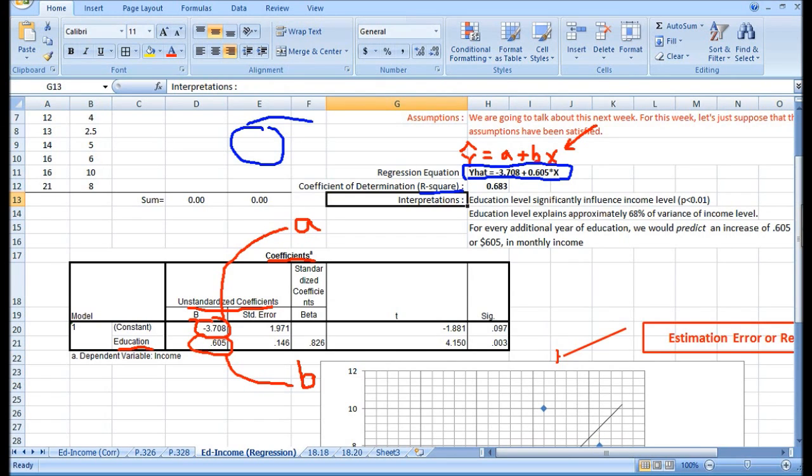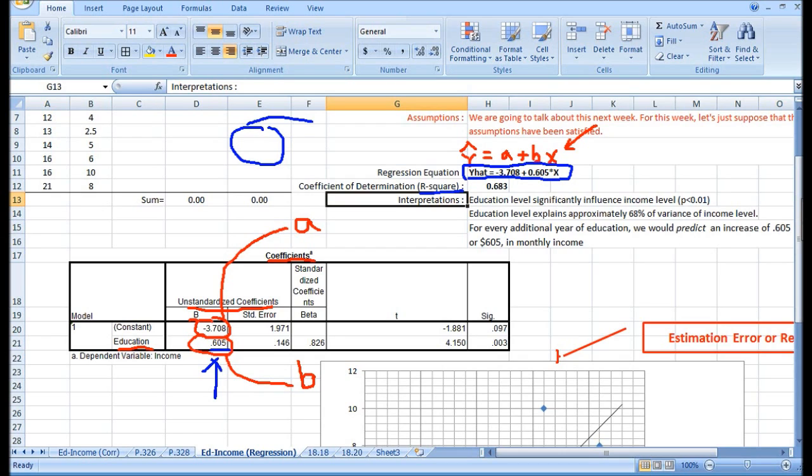Before interpreting the result, we need to make sure the regression coefficient B, which is 0.605, is statistically significant.